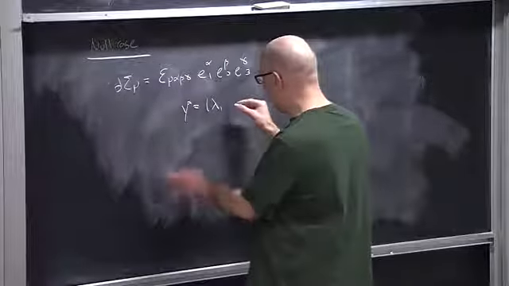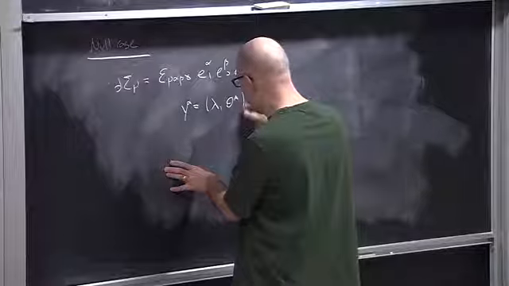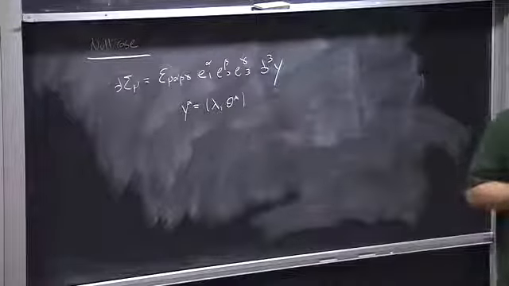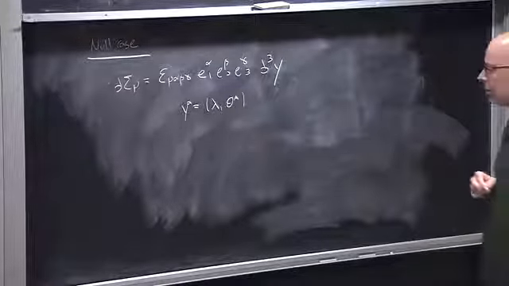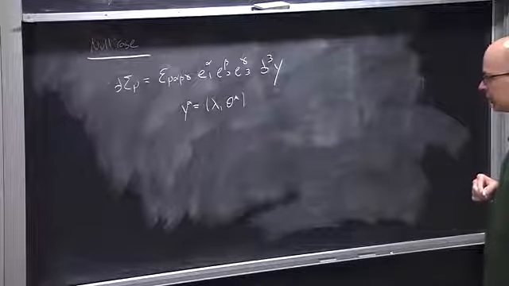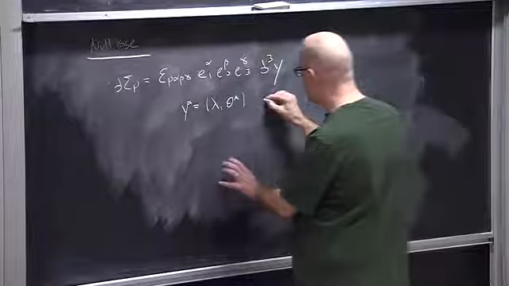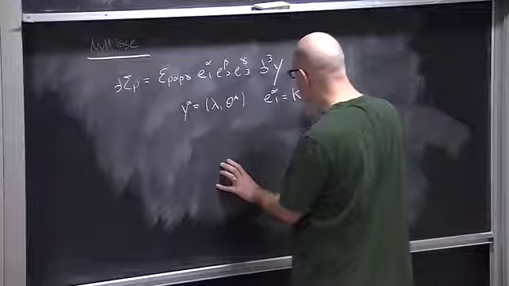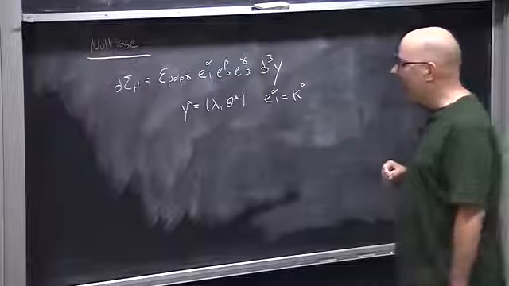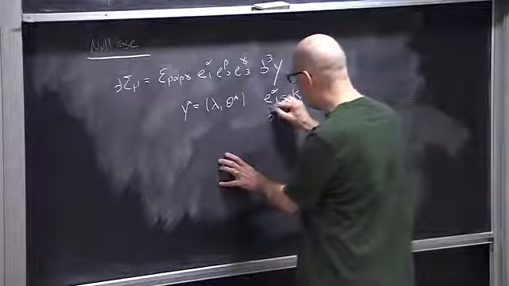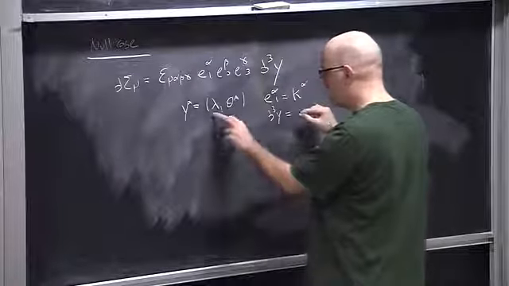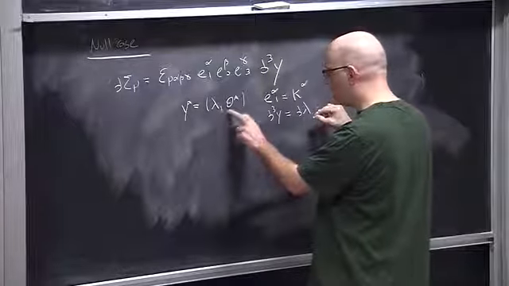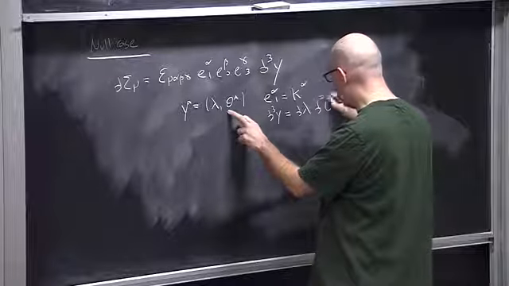parameter along the null generators, and I pick my other generator labels as a convenient coordinate system. When I do that, as we saw before, I know that E1 is going to be directed along K, and I know that d3y is going to be a d lambda multiplying a d2 theta.